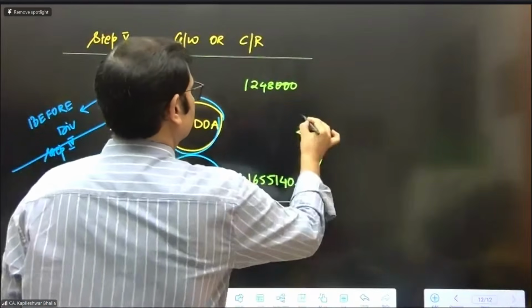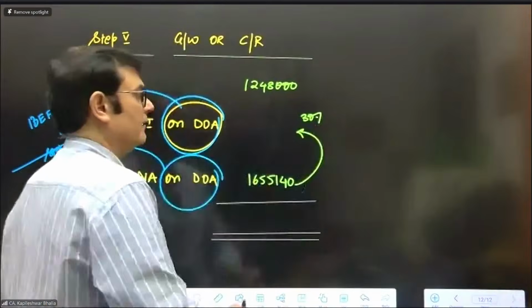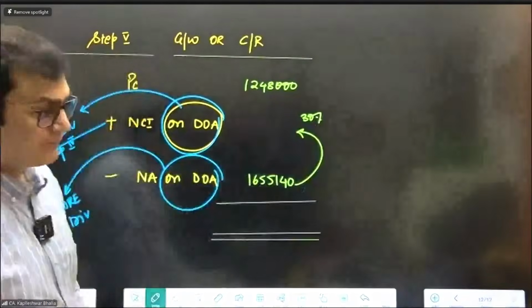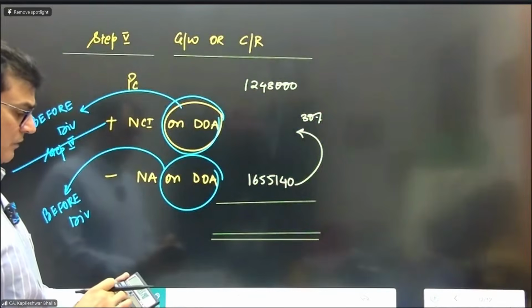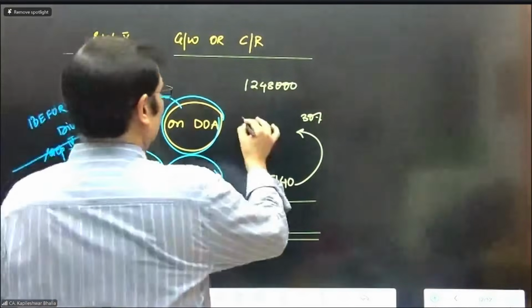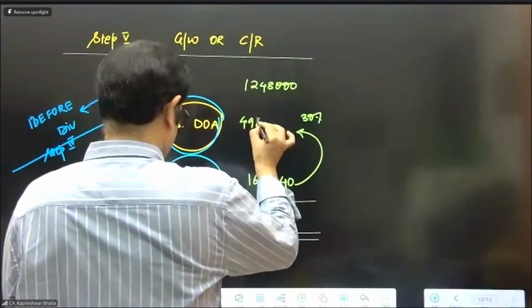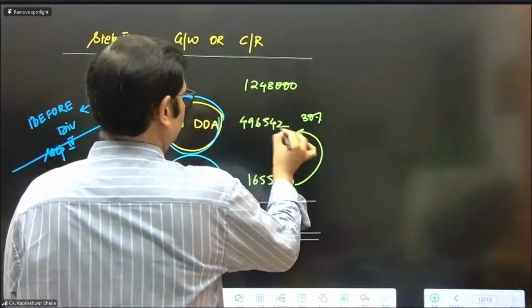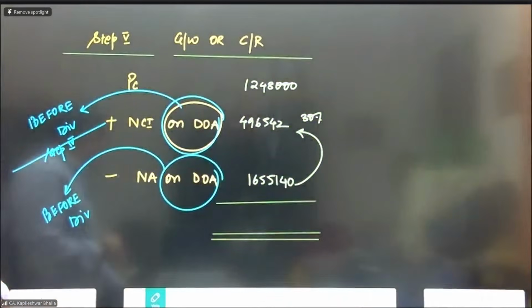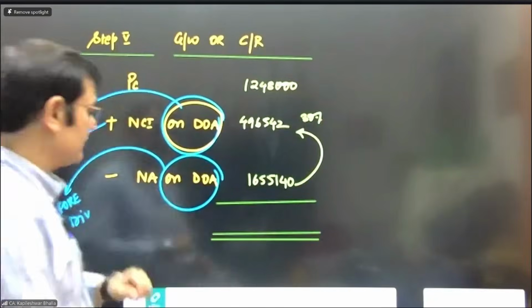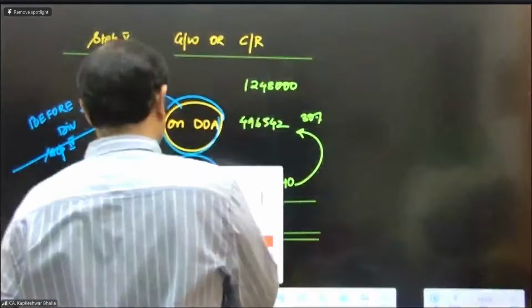And you can directly take 30% of this as an NCI. So 16,55,140 into 30%, that's 496,542. Well, step number 5 is done. Now let's proceed with step number 6.